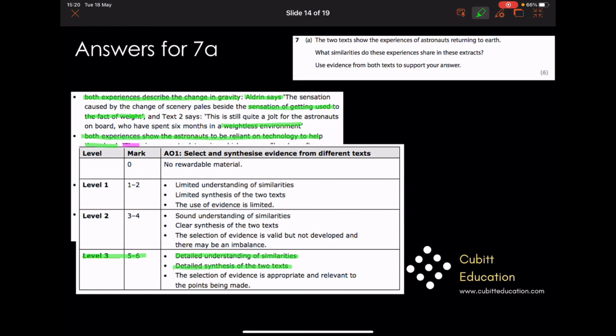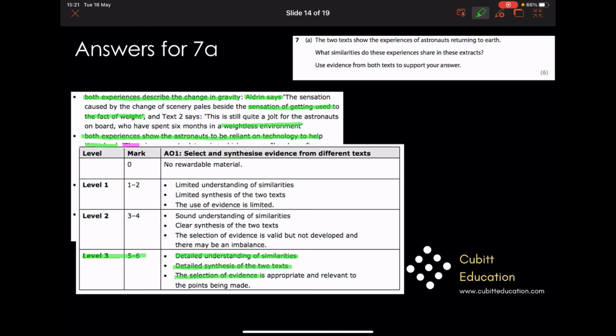So a detailed understanding and being able to summarise the information from the texts, which is what's happened in those examples. If you go through those examples, you will see that they have simplified and summarised the experiences into bullet points. Okay, and that's what you need to be able to do. You need to summarise it and then use some evidence from the text.